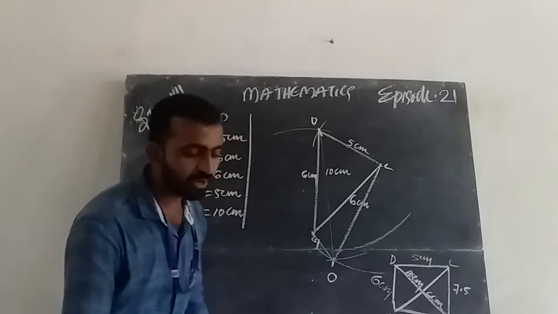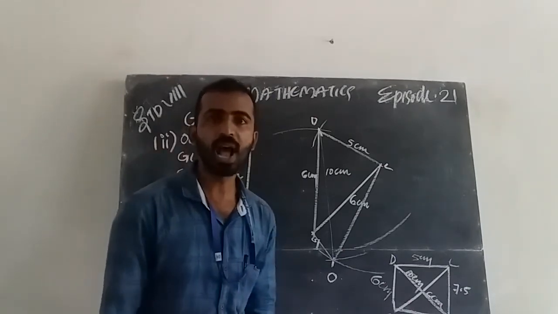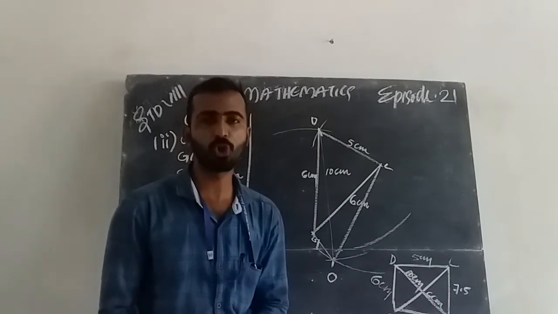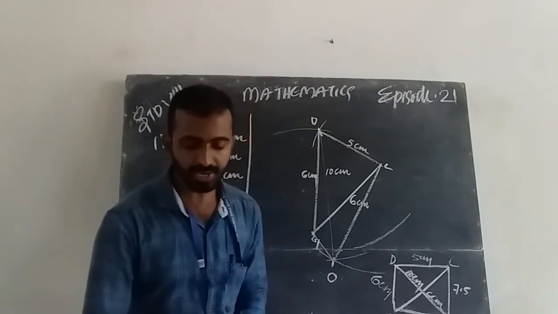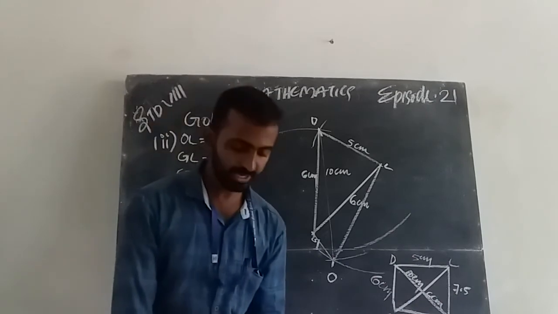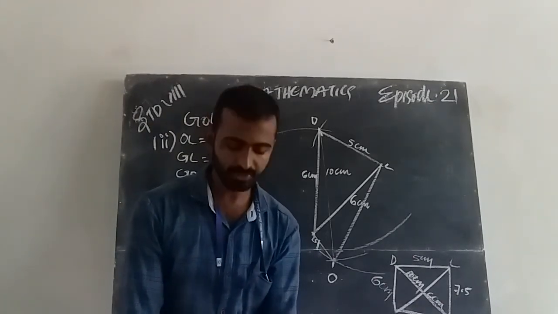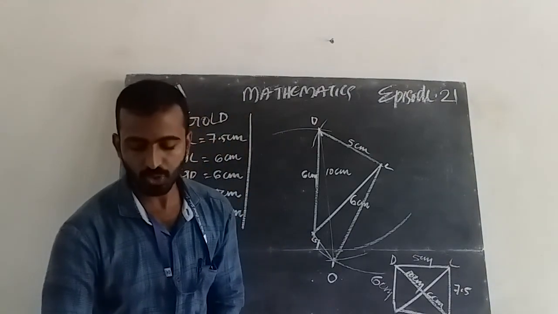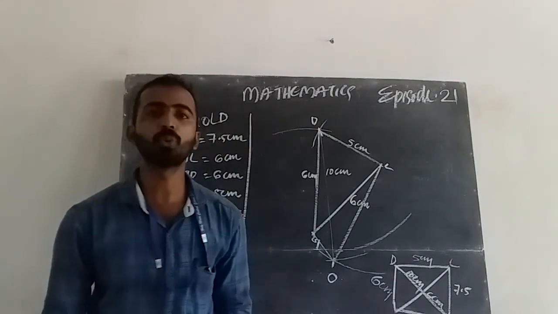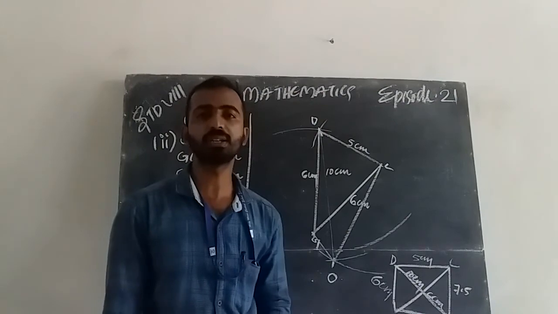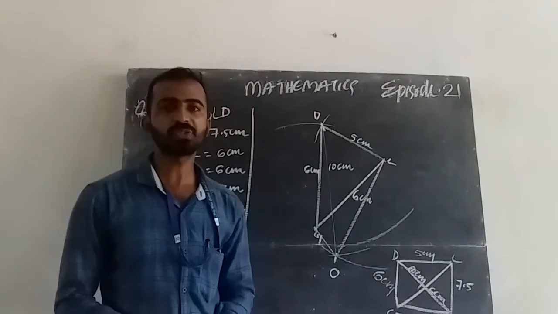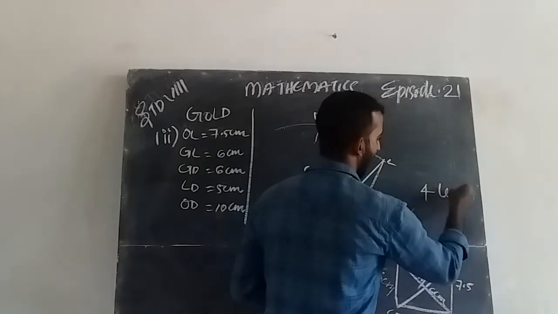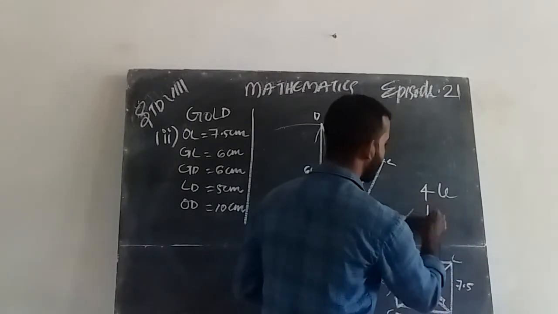Easy. And the third one is for your common. Today we discuss practical geometry. Practical geometry means we are studying how to draw a quadrilateral. In a quadrilateral we know there are 4 sides and 2 diagonals. First we studied 4 side lengths and 1 diagonal.